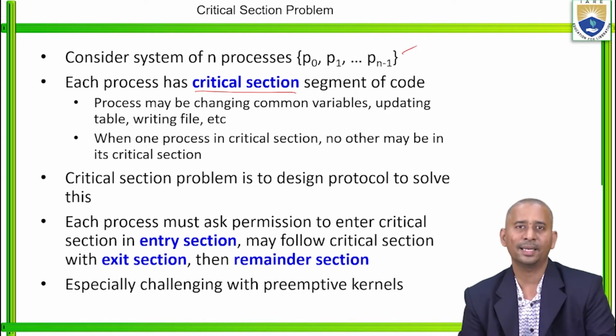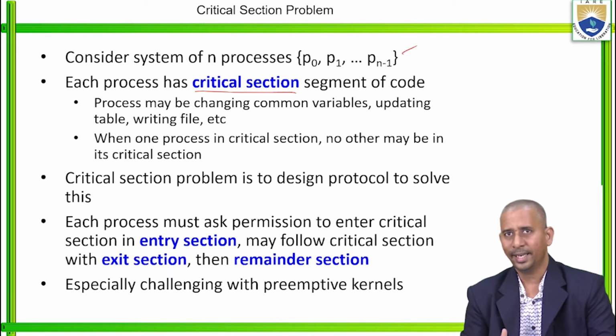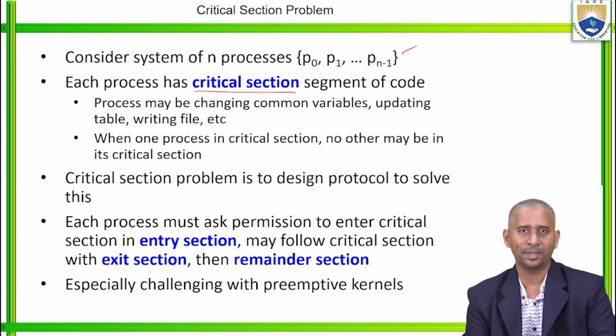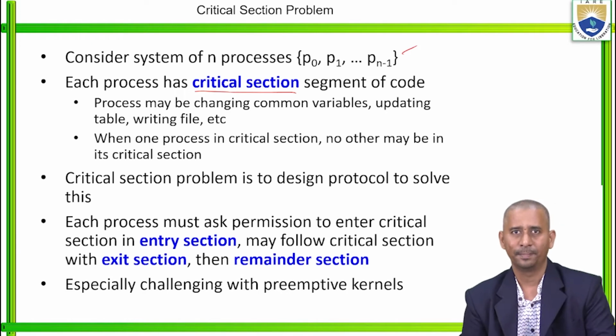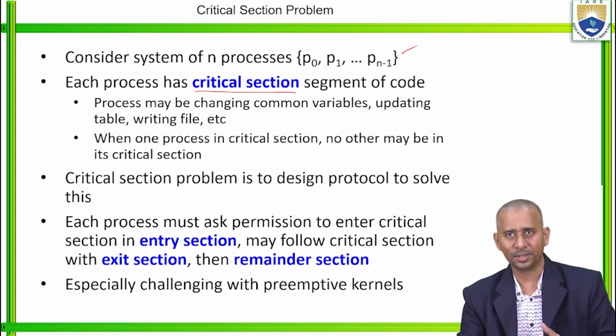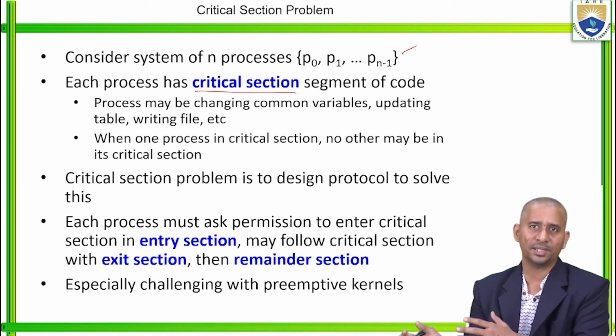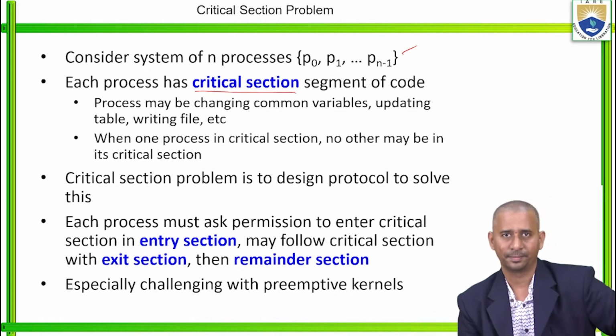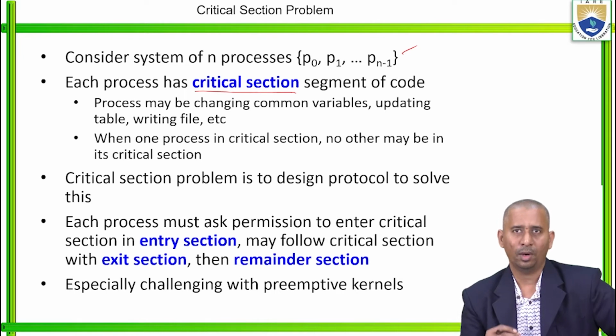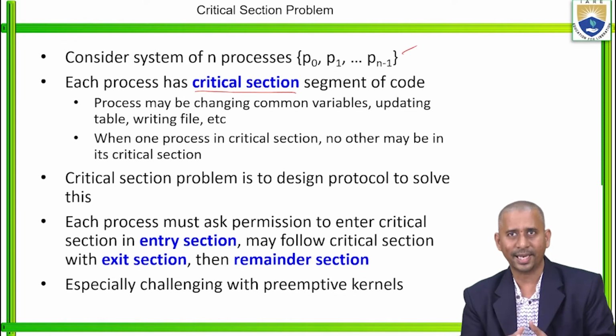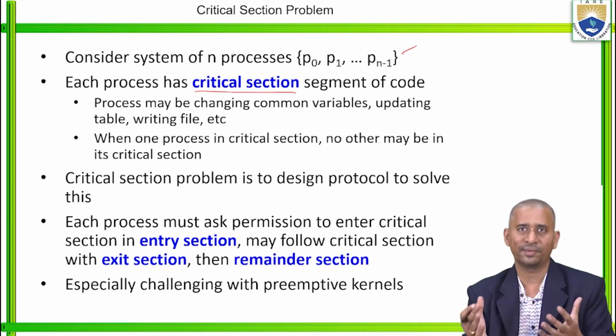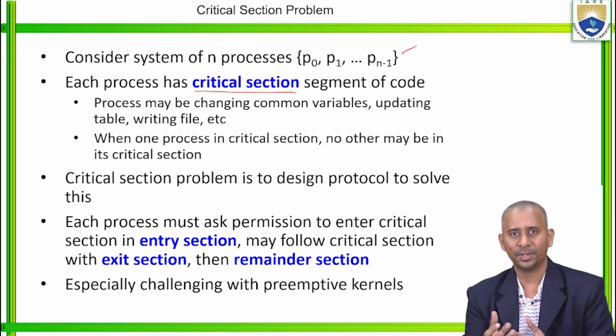What does critical section mean? The processes may be changing common variables, updating data tables, writing files, and so on. At that time, whenever one process is in its critical section, no other process may be in its critical section. n number of processes can access common data like common variables, or input data into already existing tables, at a time.